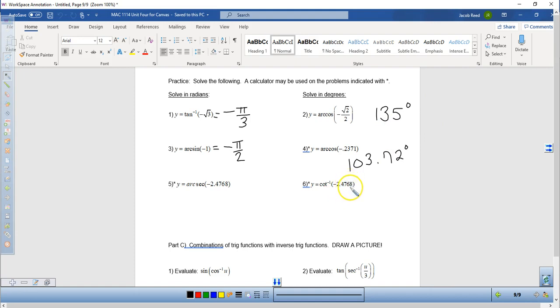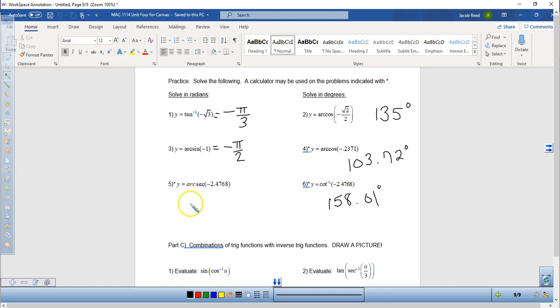So negative 2.4768. And then we add 180 degrees. So this is 158.01 degrees.